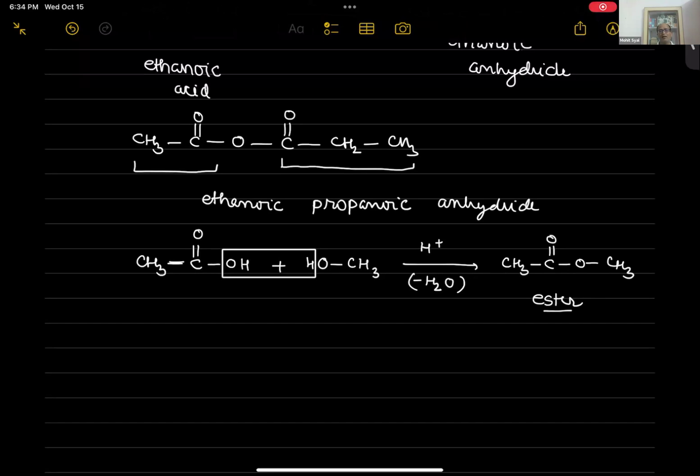The alkyl group of the alcohol should be treated as a substituent. Got it? And it should find its place in the prefix. It should be treated as a substituent. Getting my point or not?